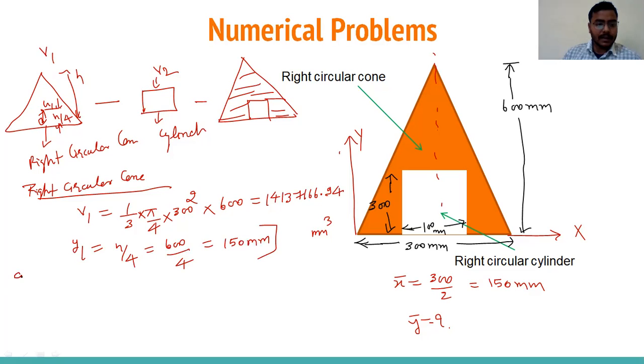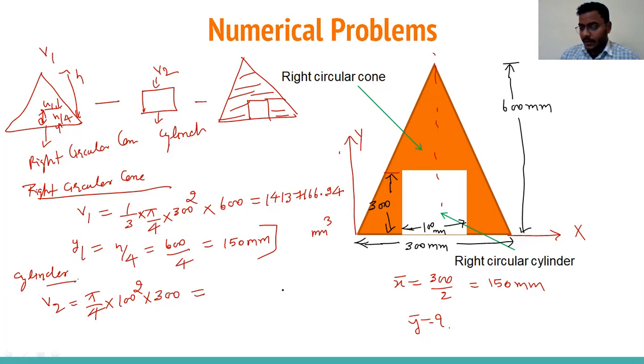Now come to the cylinder. V2 for the cylinder is pi by 4 into d square into length. What is the diameter of the cylinder? That is 100. What is the height of this cylinder? That is given as 300.